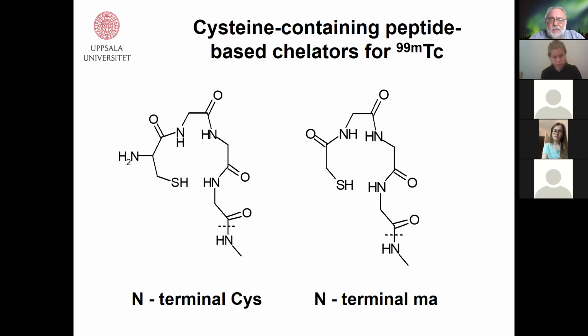So it would be interesting if we could substitute mercaptoacetyl by an amino acid, and in principle, at the N-terminus, if you place cysteine, you could also have an SH group. And the presence of thiol is essential for site specificity of the labeling.